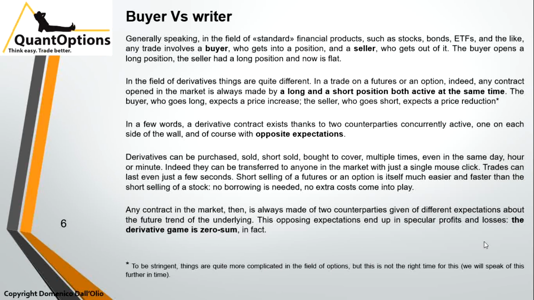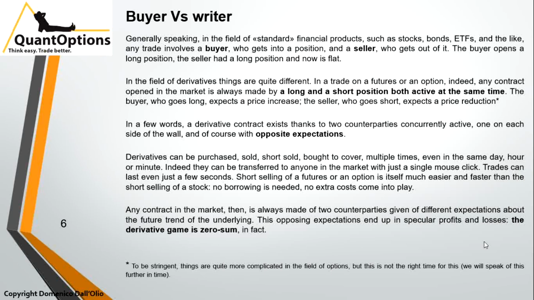In the field of derivatives, things are quite different. In a trade on a futures or an option, indeed, any contract opened in the market is always made by a long and a short position both active at the same time. The buyer who goes long expects a price increase. The seller who goes short expects a price reduction.